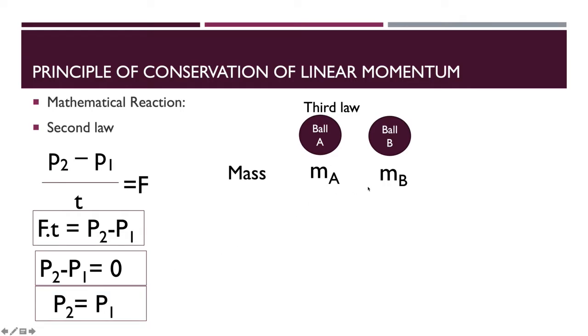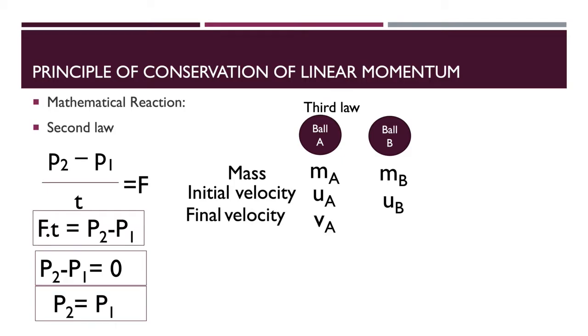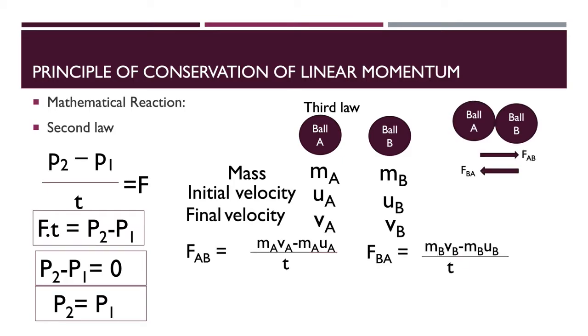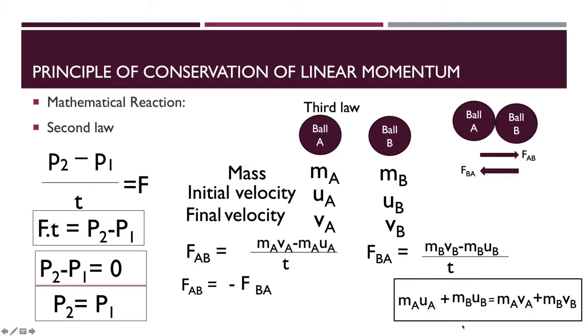And according to the third law, we have got one formula also. I think you all have done your homework and you all have got the formula. The formula is MAUA plus MBUB equal to MAVA plus MBVB. So this is the formula we have got from the third law of motion of Newton.